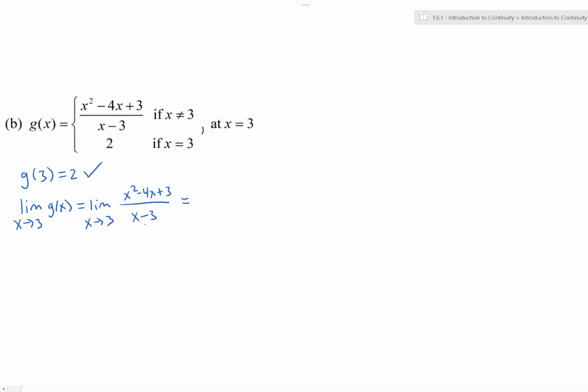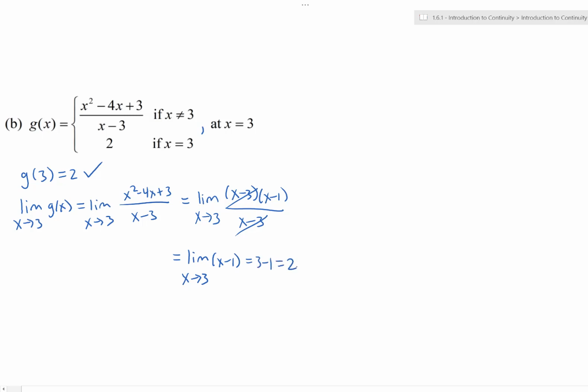Now here, even though we see that the denominator goes to 0 when x goes to 3, let's factor the numerator. Notice it factors to x minus 3 times x minus 1, all divided by x minus 3. The x minus 3's cancel. This is the same as the limit as x goes to 3 of x minus 1, which is just 3 minus 1, which is 2.